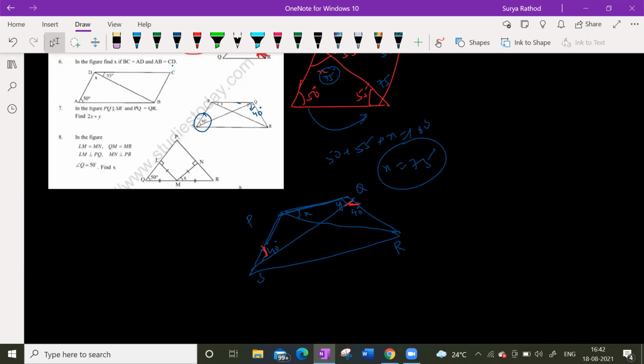Very simple. Come on. You must say the answer. Let's see who is going to give the answer. Did you solve or not? Aditi, are you here?